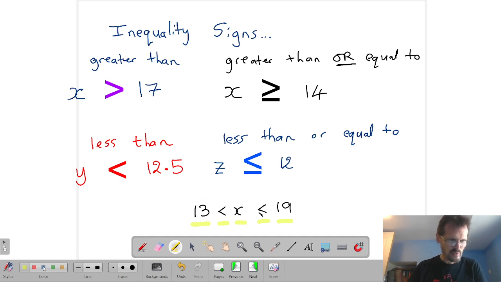Another way of thinking about it is that X is between 13 and 19. But it can be equal to 19 because of the little equals bit there. Can't be equal to 13, so it's between 13 and 19. So that's the only kind of arrangement where they'll come in pairs. And it'll always be both of them pointing with the little pointy end to the left like that.